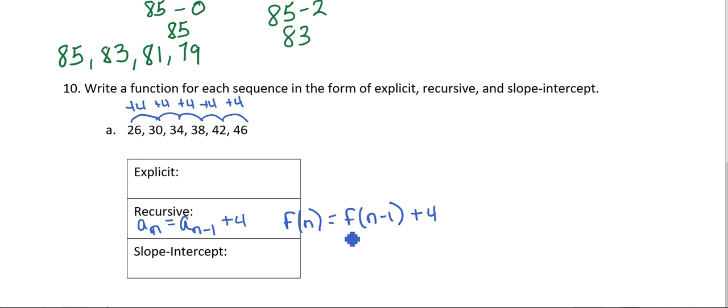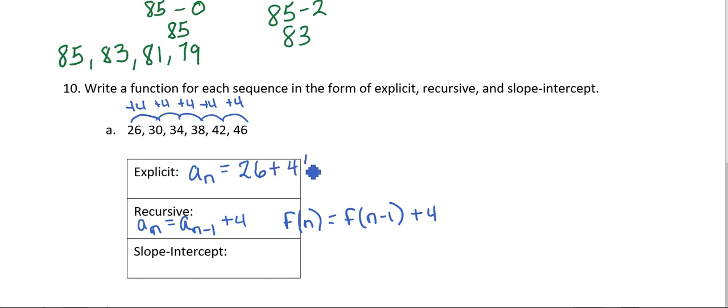Okay, my explicit rule is when we take my first term. So I'm going to have A N equals 26, and I'm going to add my common difference, plus 4.